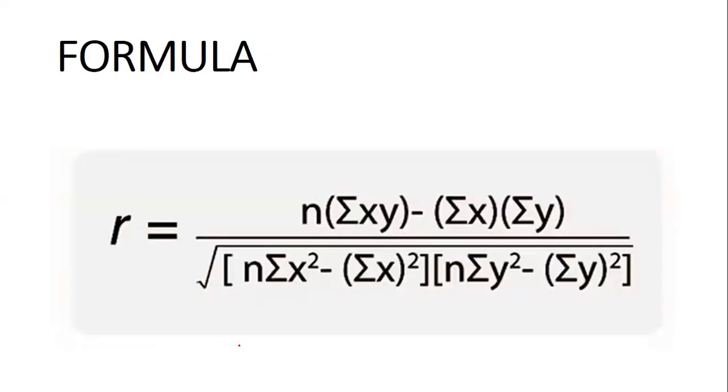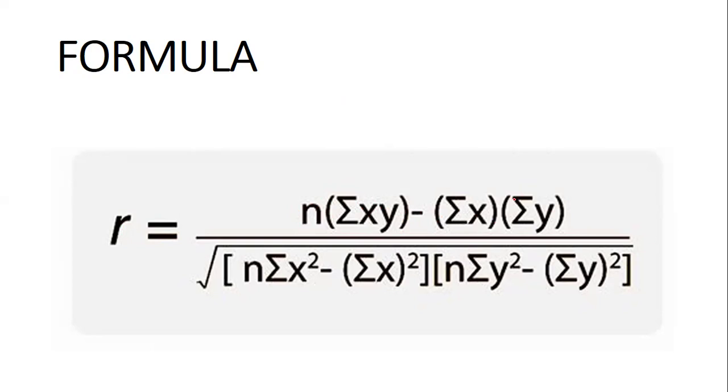Then what's the formula for a coefficient of correlation? My advice is you have to memorize this, so that it's easier for you to compute in the exam. Of course, the formulas are given, but if you memorize, it saves you a lot of time. So R is a coefficient of correlation. You've got N. N is a frequency of all the numbers in a data set, right? And then summation of XY. You have to create the tables.